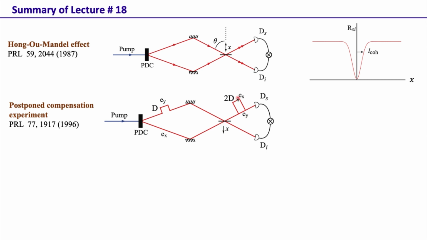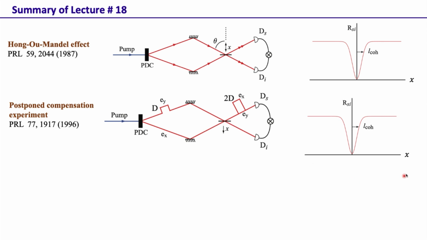As a result, this compensates for the delay, but only after the photons have gone through the beam splitter. In this experiment also, as a function of the beam splitter displacement, one sees the same kind of effect that one sees in the Hong-Ou-Mandel experiment. But the x equal to 0 position in this experiment still has this delay. X equal to 0 does not correspond to the two photons arriving simultaneously at the beam splitter.